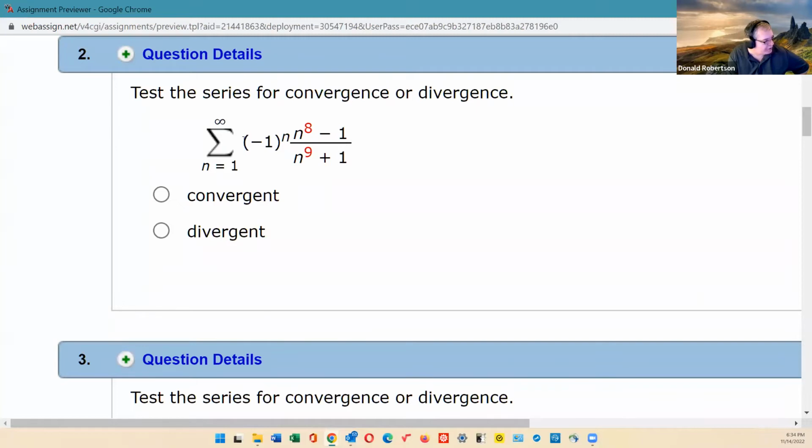Well, this is what I see. Do you see that (-1)^n guy? Don't all alternating series tests have that guy, or (-1)^(n-1)? Now, it could be a ratio test, because ratio tests also have them. But in general, this one works much better as an alternating series test. So number 2, AST.